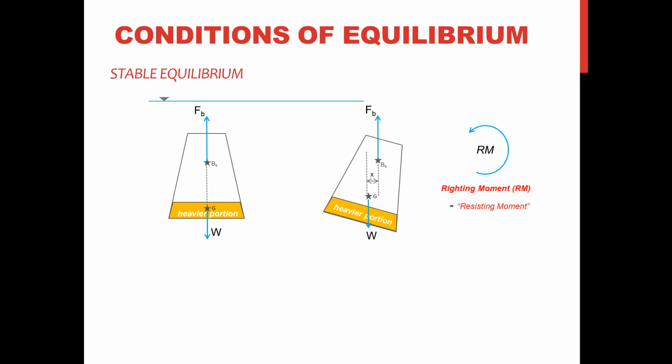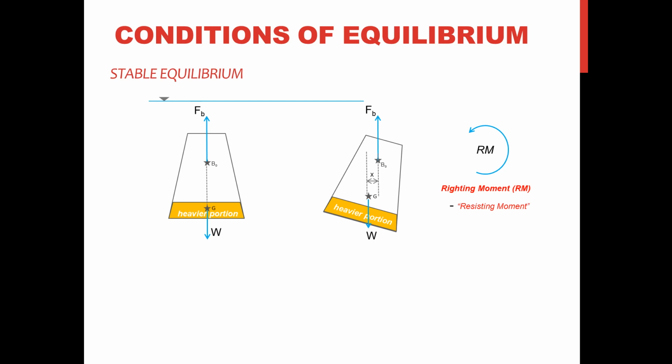The direction of the tilting is on a clockwise direction, while your righting moment based on the forces F, B, and W will be counterclockwise. Again, that righting moment is against the direction of the tilting, or the direction of the displacement.